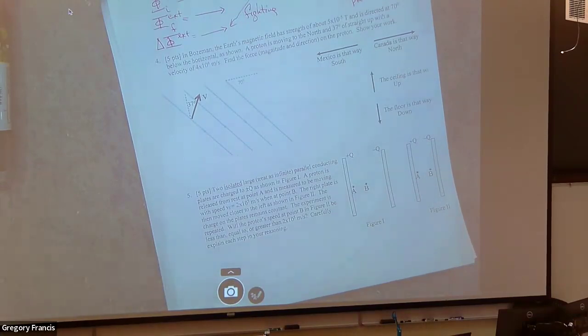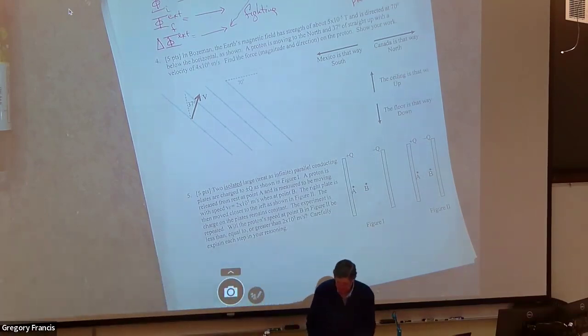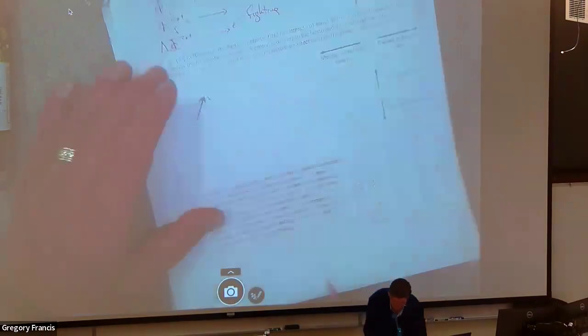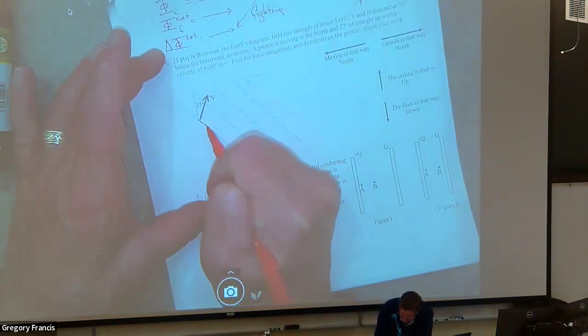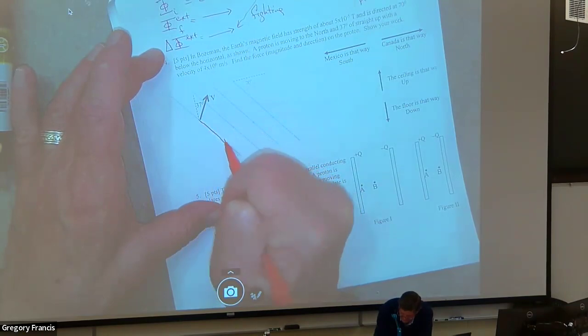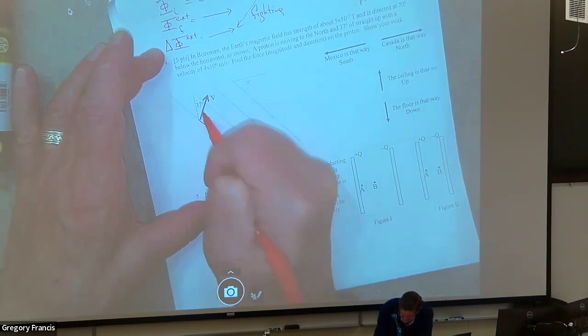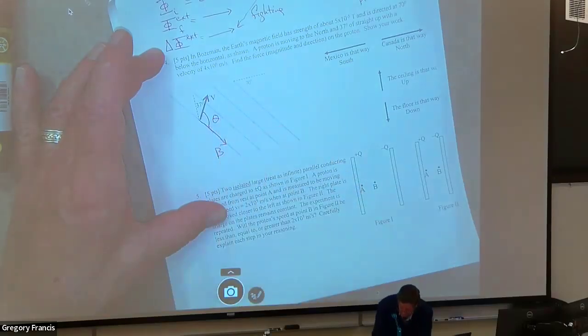setting this up? The angle for theta is always going to be the angle between the velocity and the angle of the B field. This is always the theta that we use.